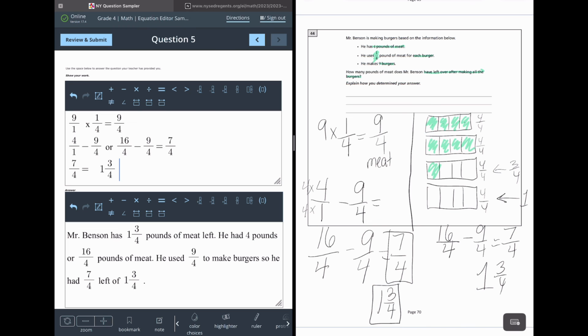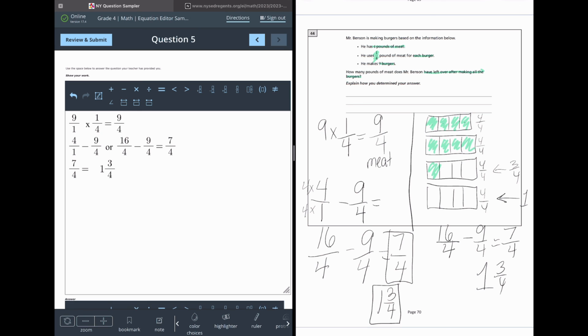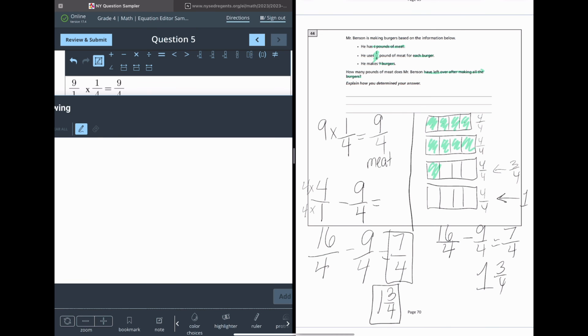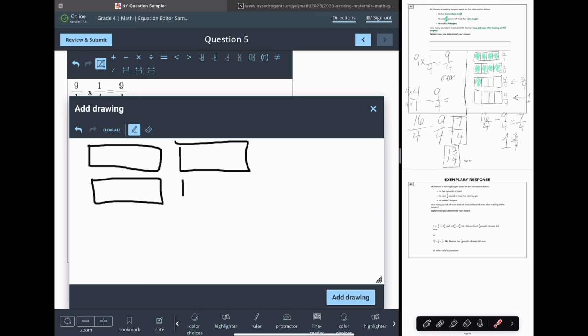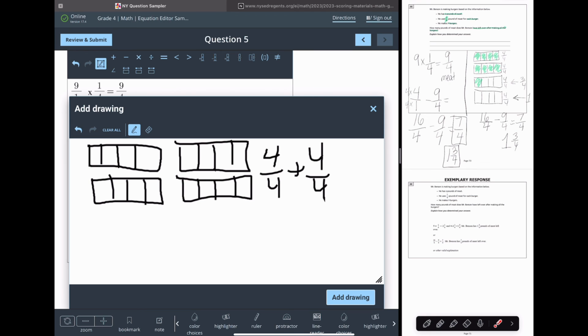So nice and easy. Now if I was doing the one on the right, I'm going to need to do a drawing. So I would hit my little drawing box, let's make it bigger, and I would draw my 4 pounds, and I'm just drawing with my finger, and I'm changing it into fourths, and then I will put 4 over 4 plus 4 over 4 plus 4 over 4 plus 4 over 4 is equal to 16 fourths.